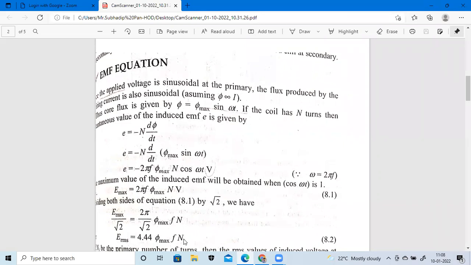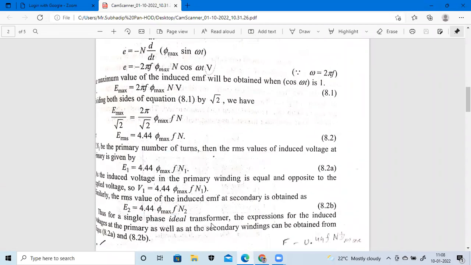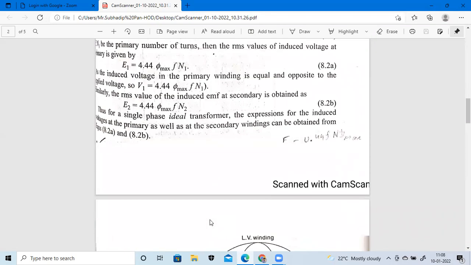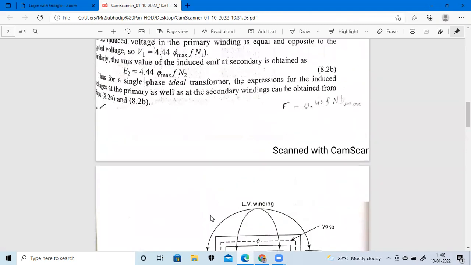Here N1 means the number of turns in the primary coil. Here write N in general form for any coil. If you write for the primary side coil or secondary side coil, you represent 1 and 2. Is it clear? So this is your E1 and E2 ratio.